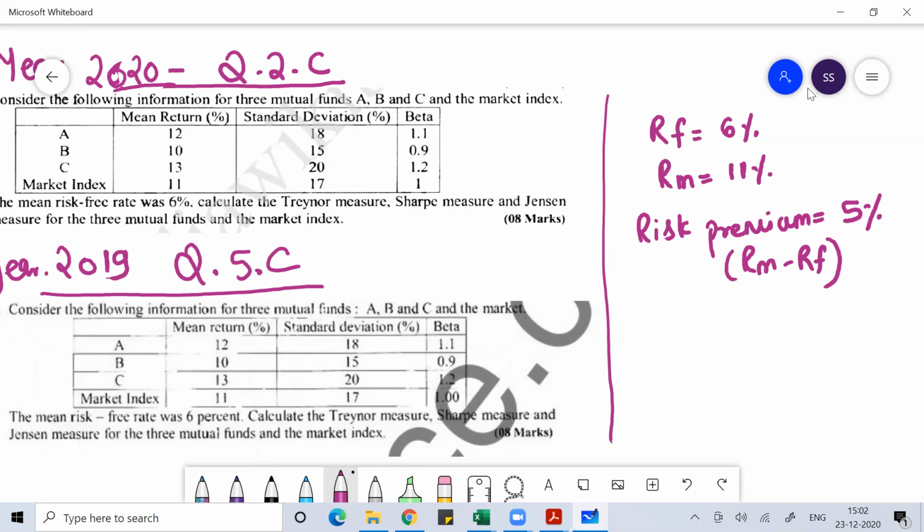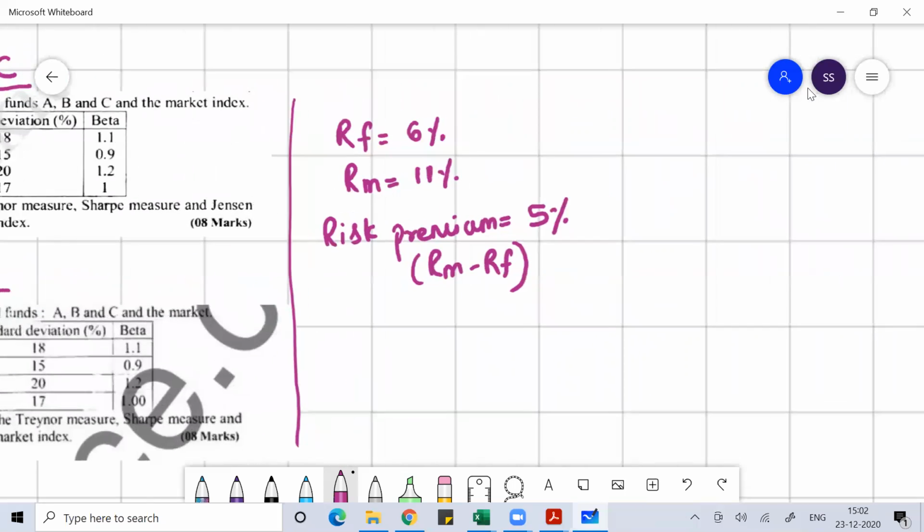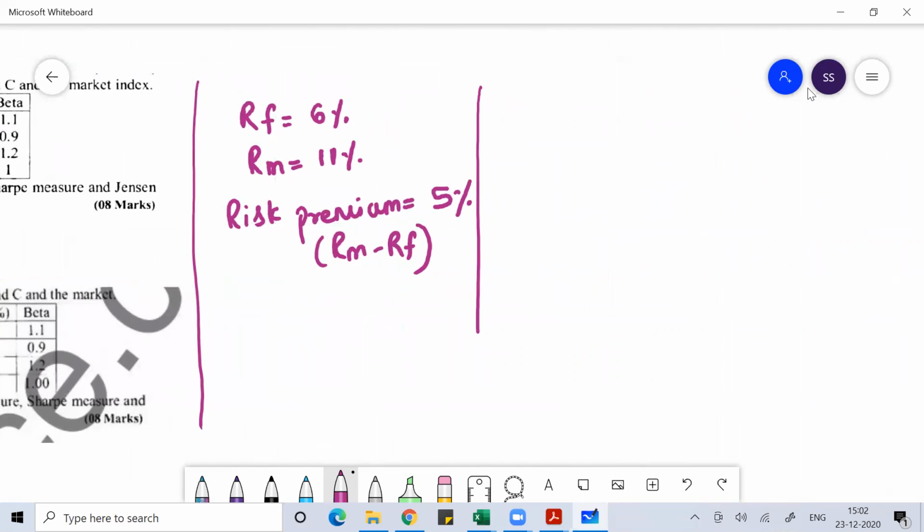So either we talk about Sharpe ratio or we talk about Treynor ratio, we basically talk in terms of return and risk.